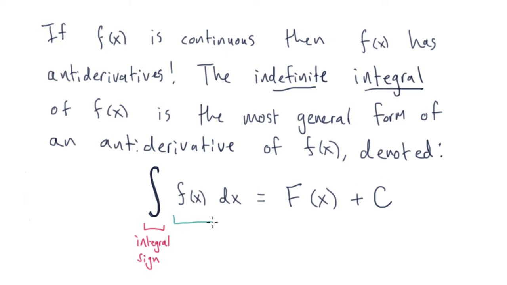So the function f of x that we're finding the indefinite integral of is called the integrand. Okay, and then this dx, and I promise this will all start to make more sense later on, but for now, we just say that this specifies the variable of integration is x.